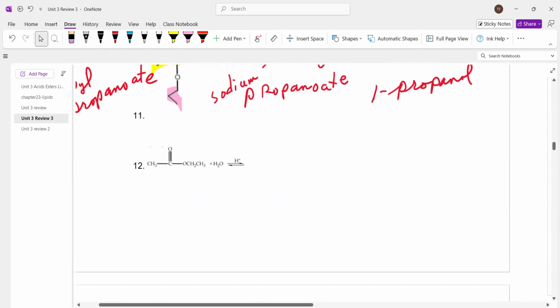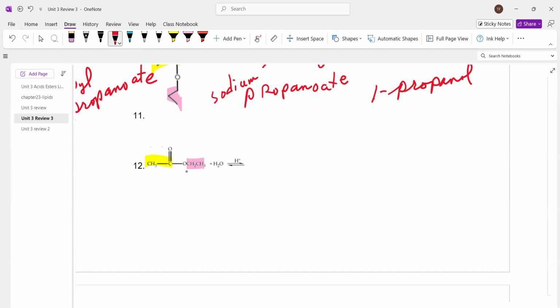Okay, what do we have here? We have an ester again in acidic conditions. Okay, so let's name this ester here. It's got a 2-carbon alcohol, 2-carbon acid.